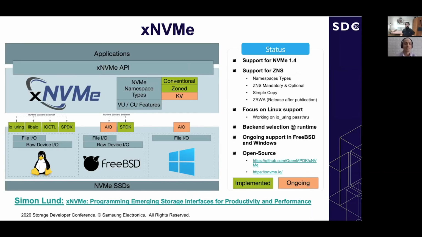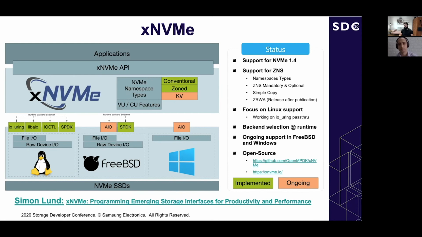Thanks, Kanchan. So now that we've covered the kernel, let's talk a little bit about a library that we're calling xNVMe, and I'm super excited about it. I'm just going to talk quickly through it because we do have a presentation by Simon, who is going to get into the details of how xNVMe works, the performance numbers for conventional namespaces, and what you can expect from it.